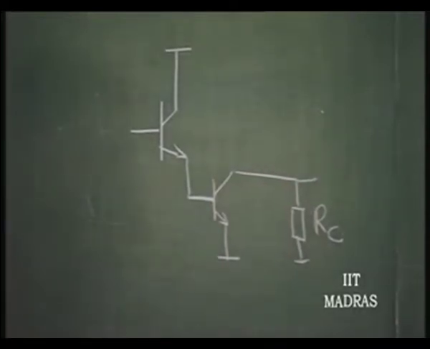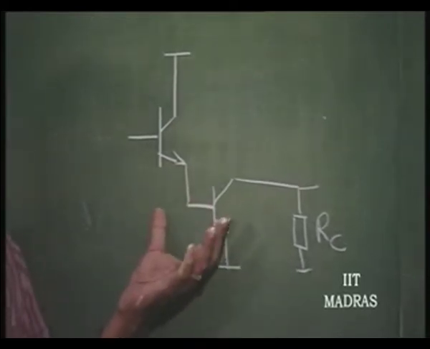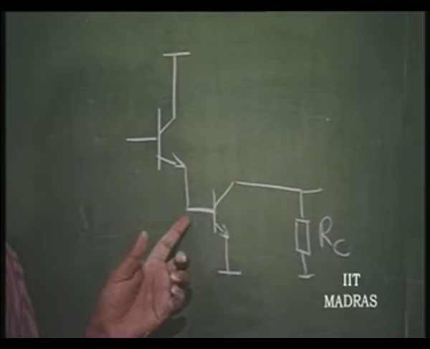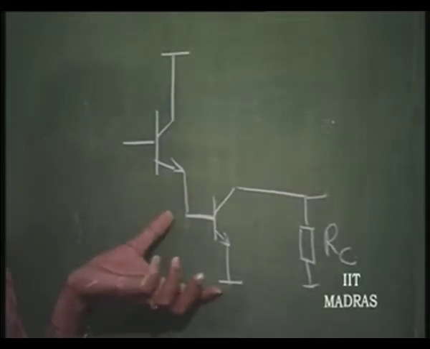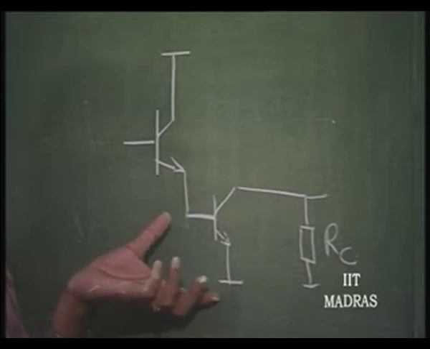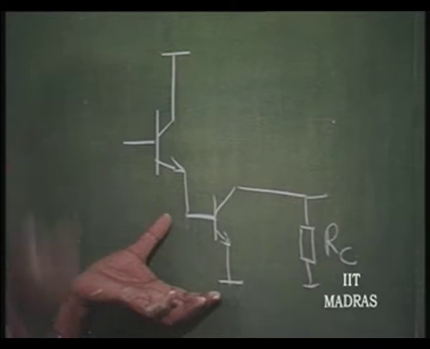What is the logic behind this? If we just use common emitter, we know that the Miller capacitance comes into picture, and the Miller capacitance will increase the input capacitor, and this input capacitor into input resistance parallel source resistance is what is going to constitute the time constant.